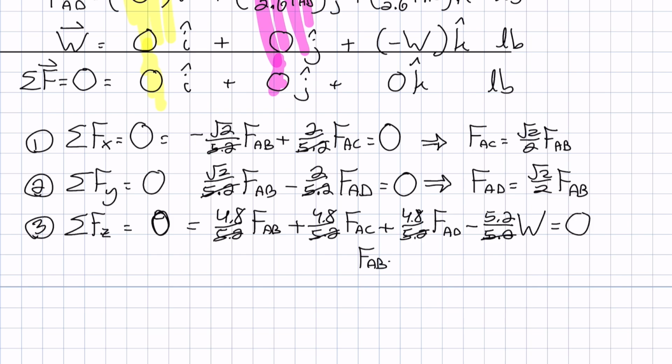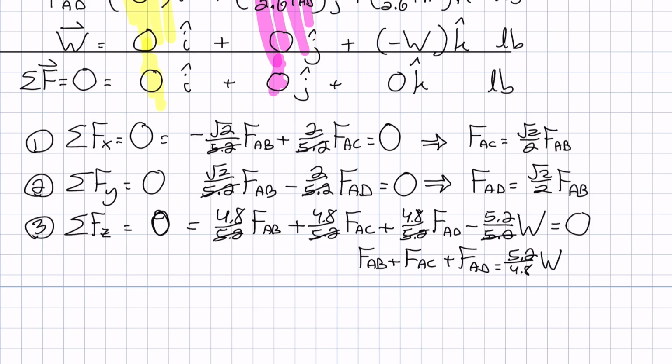And thus I can write FAB plus FAC plus FAD is equal to 5.2 over 4.8 W. The problem here is I have 4 unknowns, but only 3 equations.